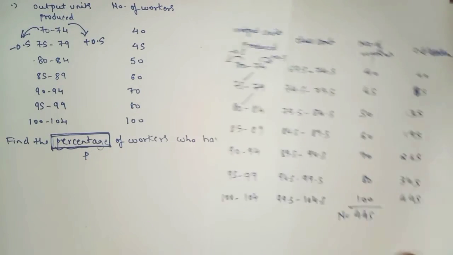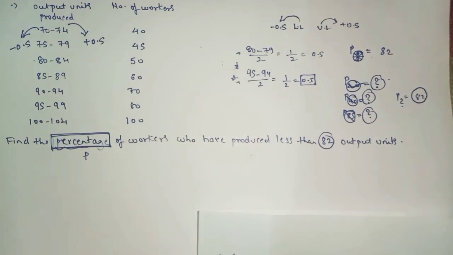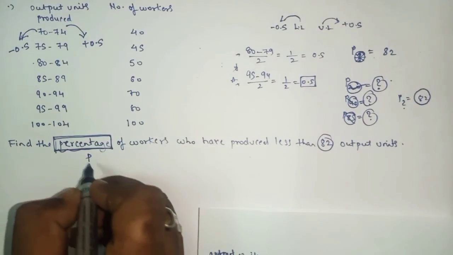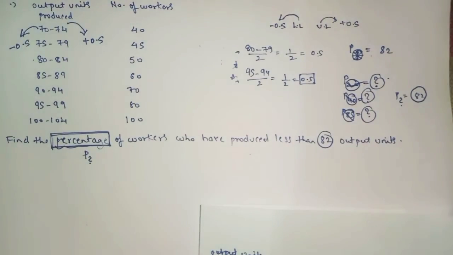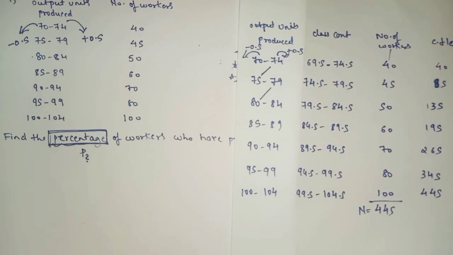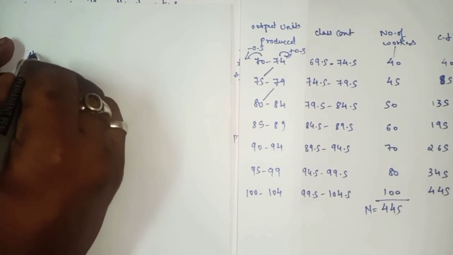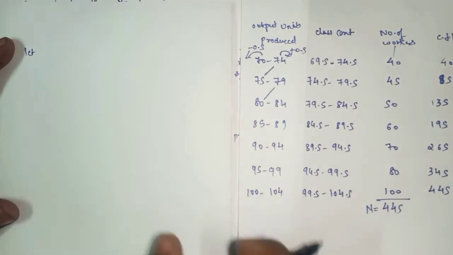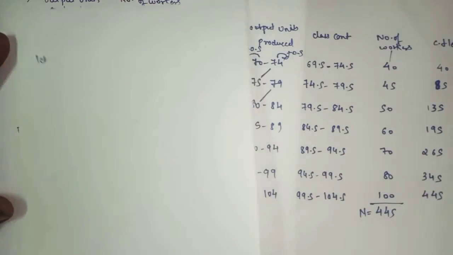Now the question says we have to find the percentage, but which percentage is not mentioned, whether it is P20, P40, P60. We don't know, so the first step is to take a let.